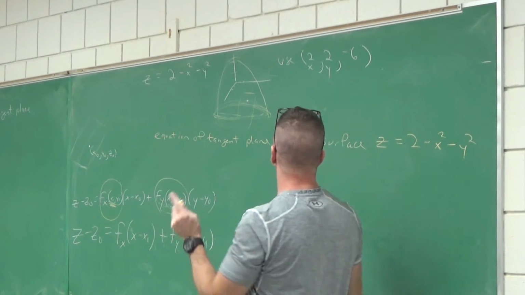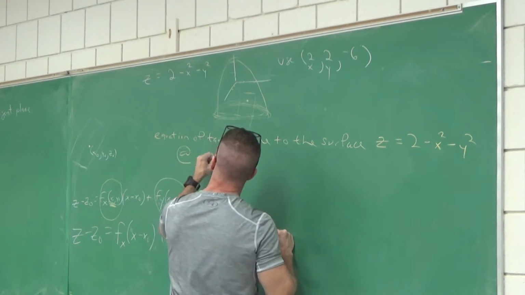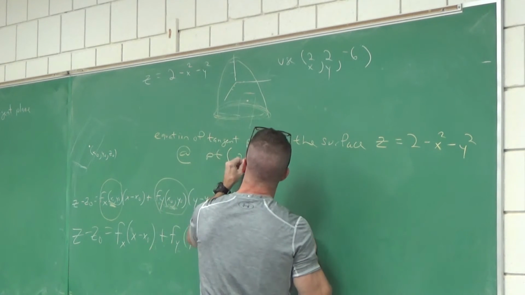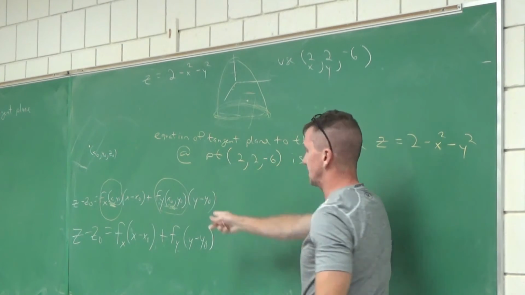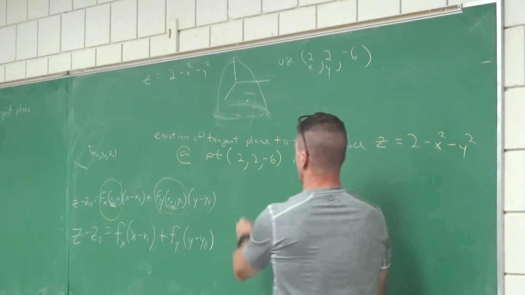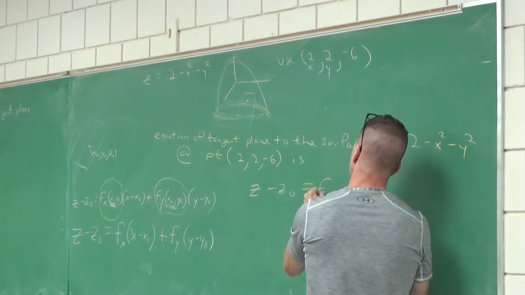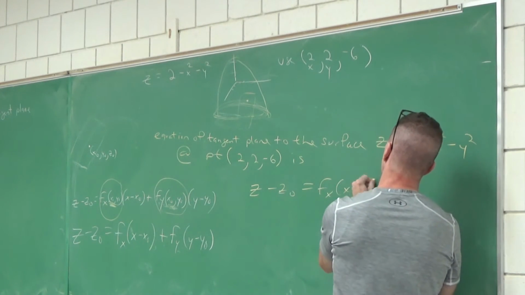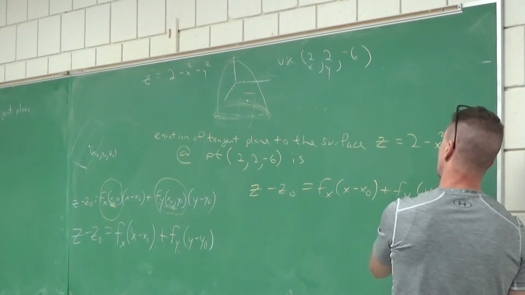And the equation of the tangent plane to that surface, at which point? At the point 2, 2, negative 6. I'm just going to write all that out: z minus z naught equals fx times x minus x naught plus fy times y minus y naught. And we just plug in all the points.